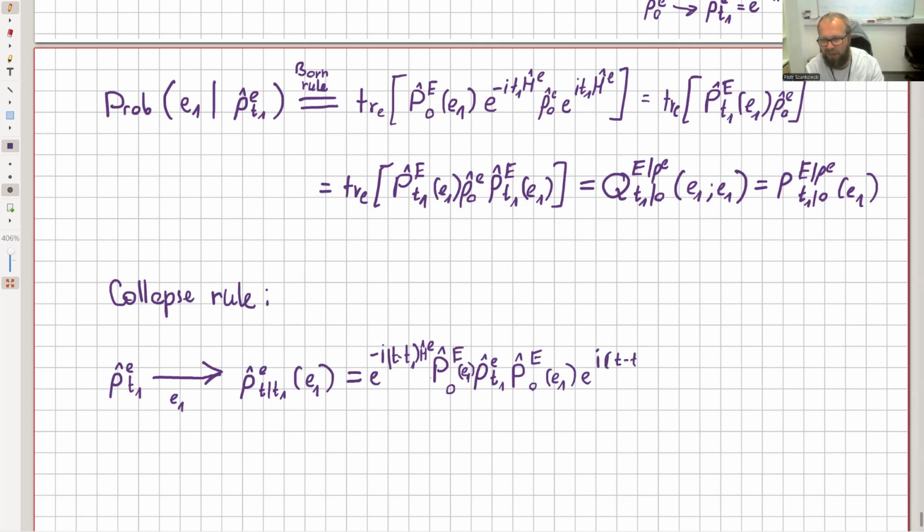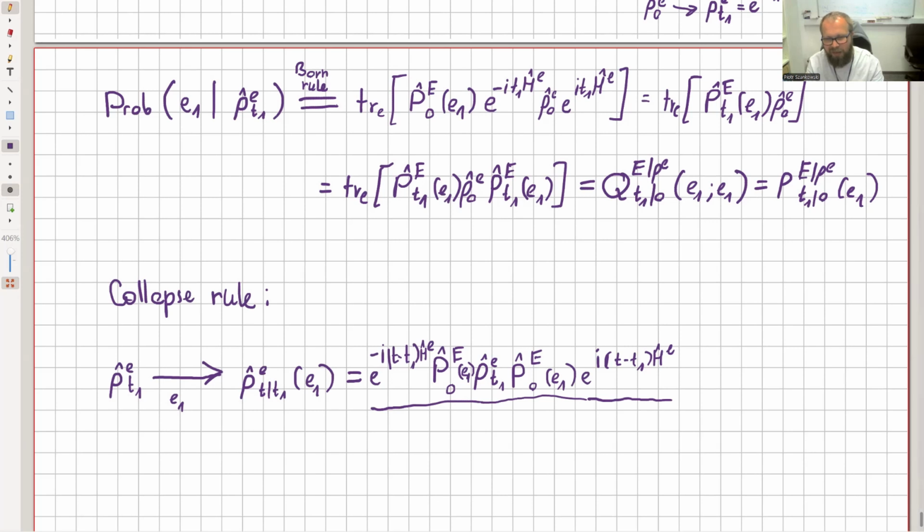With T minus T1, H_E. But after you do the sandwiching with projectors, this operator is not properly normalized. Its trace is not 1. So the collapse rule tells us that you have to renormalize it to make it all good.